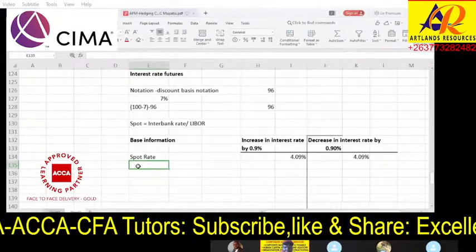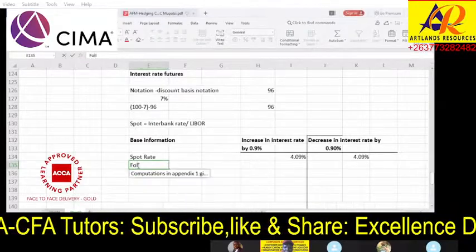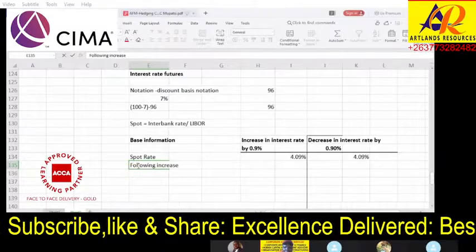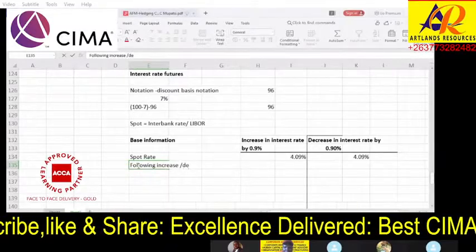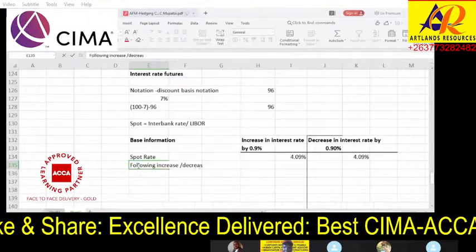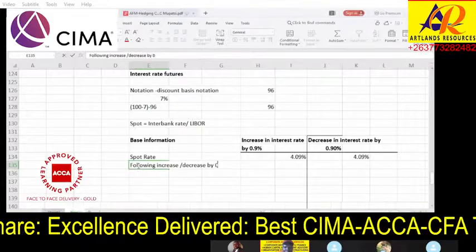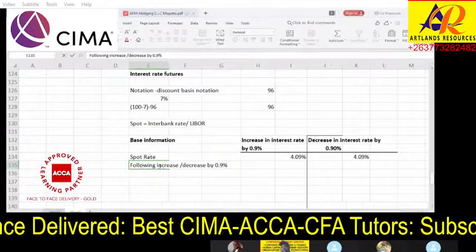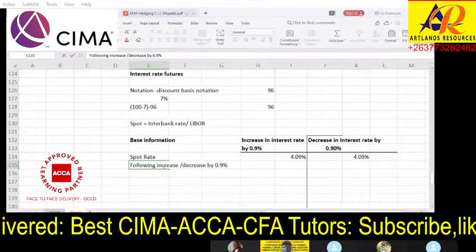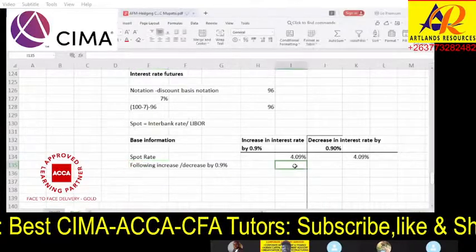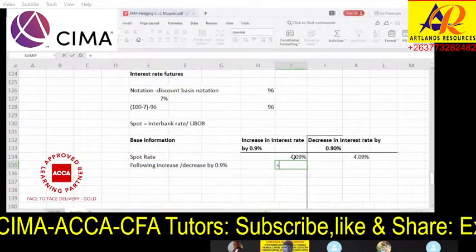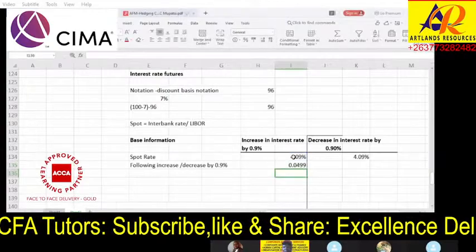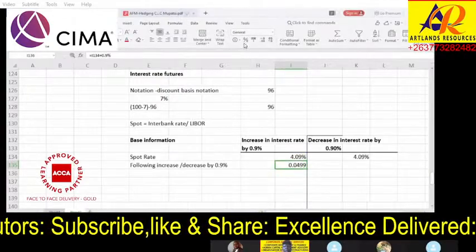Then following the increase or decrease by 0.9%. If it increases by 0.9%, the spot becomes this plus 0.9%, right? So it becomes 4.99%.